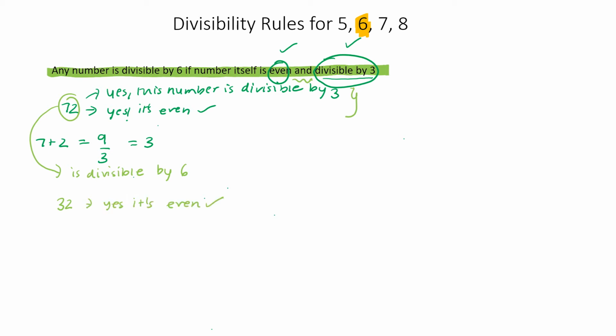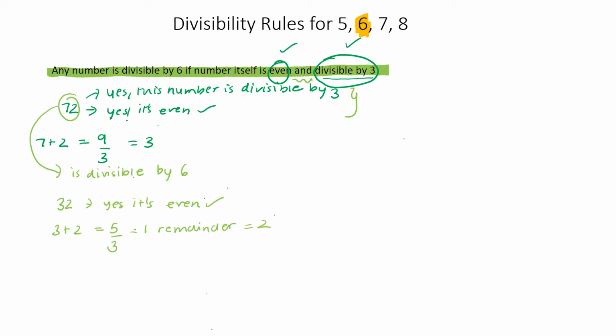Now that we know it's even, we have to check whether it's divisible by 3. Doing the same using the divisibility rule of 3, 3 plus 2 gives us 5. And 5 divided by 3: our quotient would be 1, and our remainder would be 2.